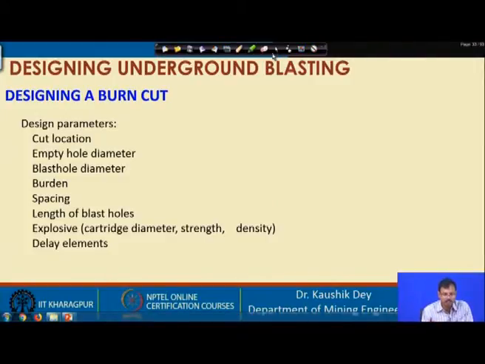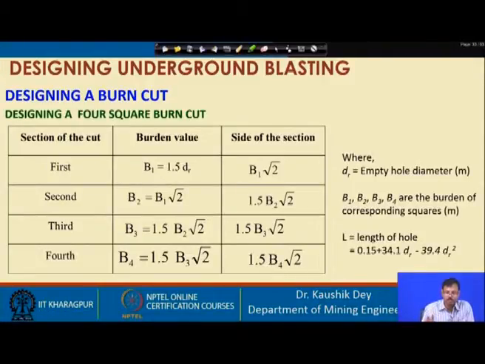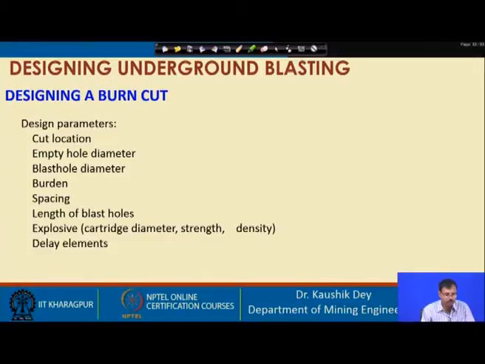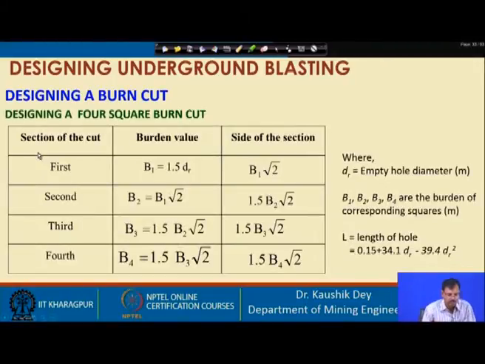Our next design consideration is the empty hole diameter. We have to first assume some empty hole diameter, and based on that we can have our first burden formula for the first hole.